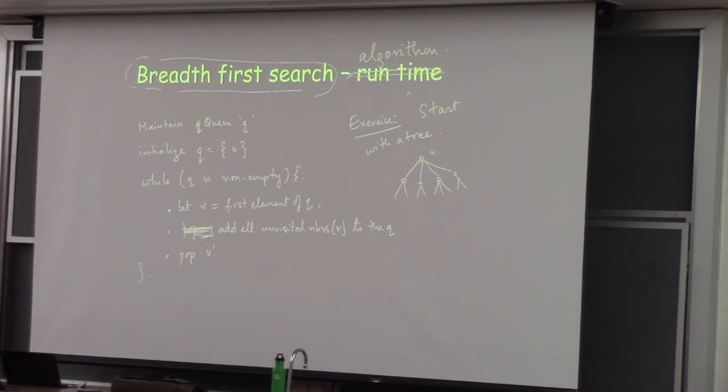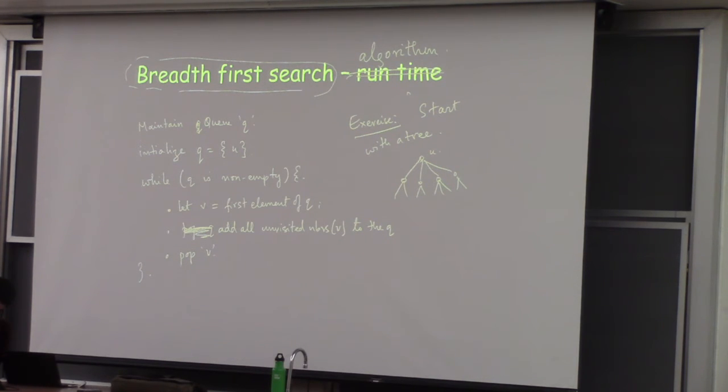What's the running time of this? Can you do the same analysis? It's the exact same. You will never add an element to the queue twice, and all you are doing is processing one element of the queue after another.